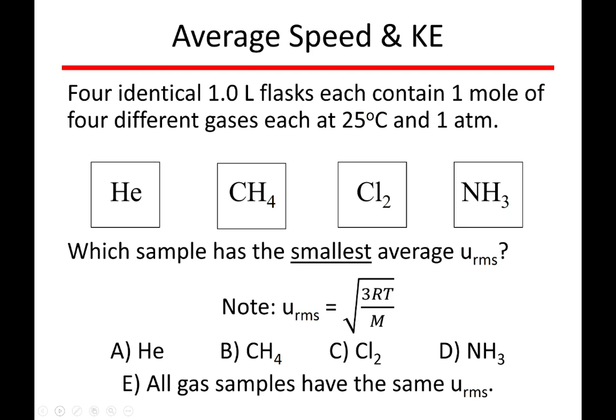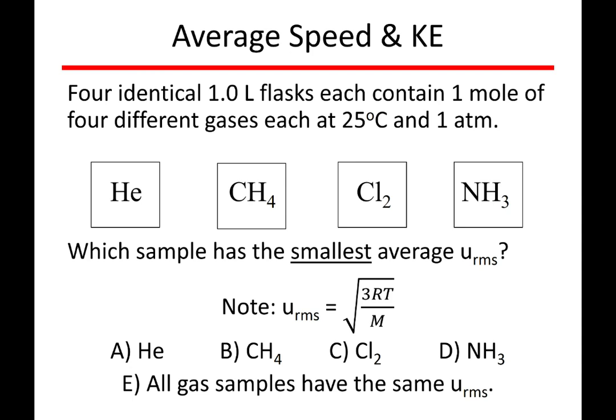All right, once again, it's important to take a look at the equation to see how the value that you're interested in, in this case the URMS, relates to other variables that we're dealing with in the problem. So in this problem, all the gases are at the same temperature, so T is constant, and we don't have to worry about that. But one thing that is different between the samples is the molar mass.